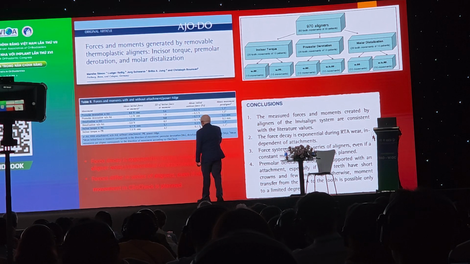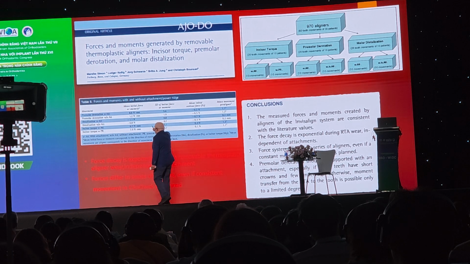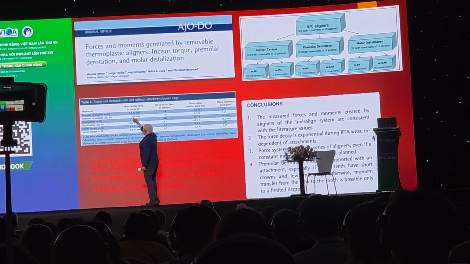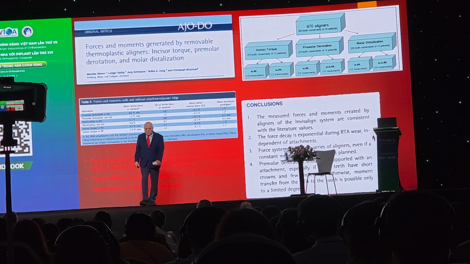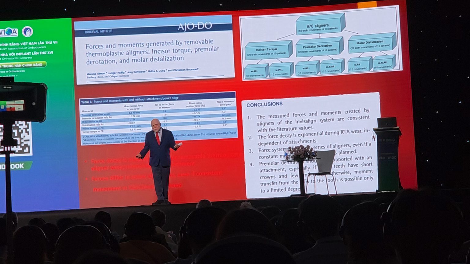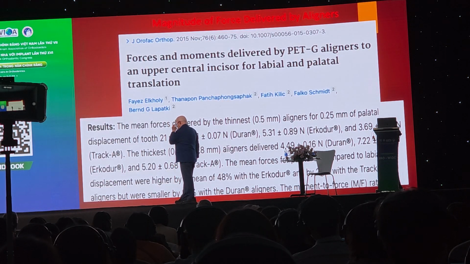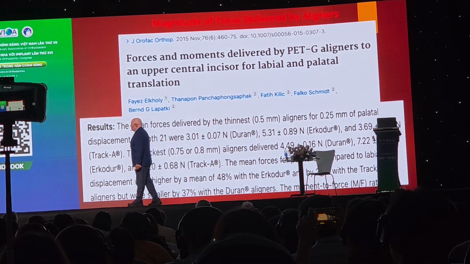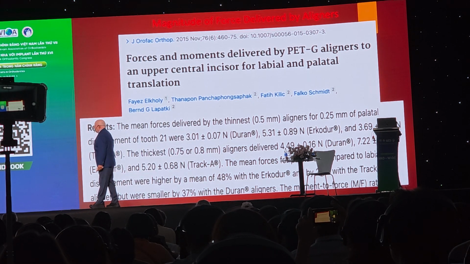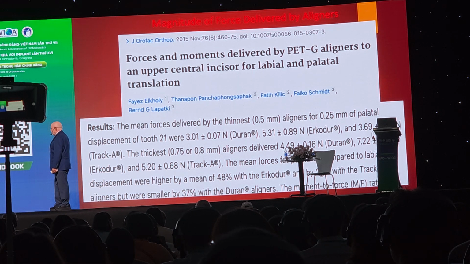So this is one of the studies which came out, and take a look at it. Premolar derotation initial force is 800 gram millimeters. Force values are very, very high in this type of study. This is another one, also from Germany, on forces and moments delivered by PETG aligners on upper incisors.